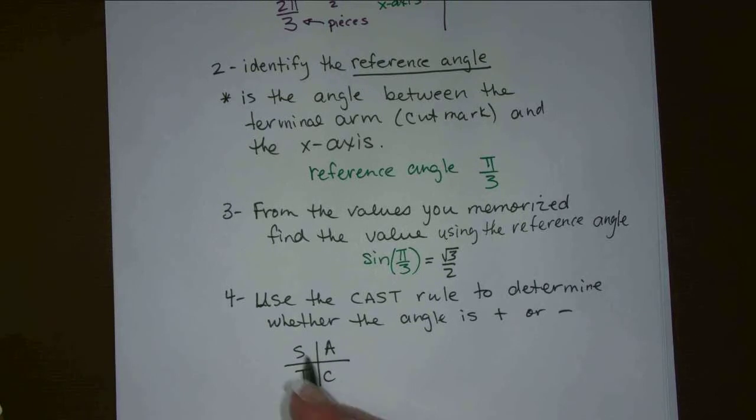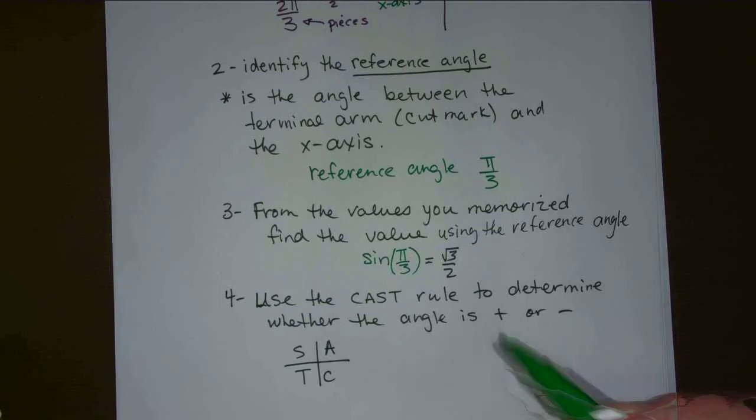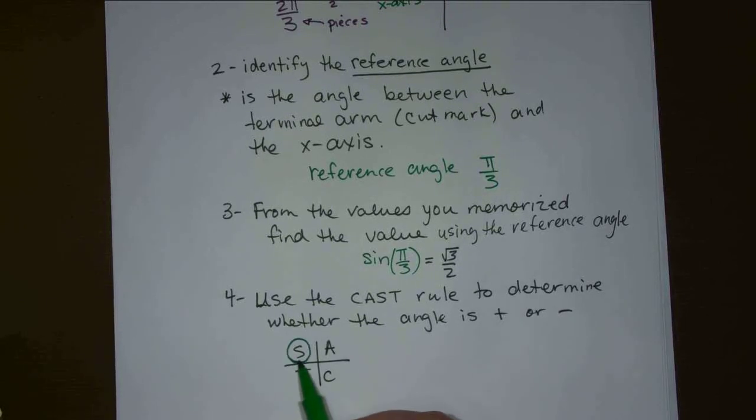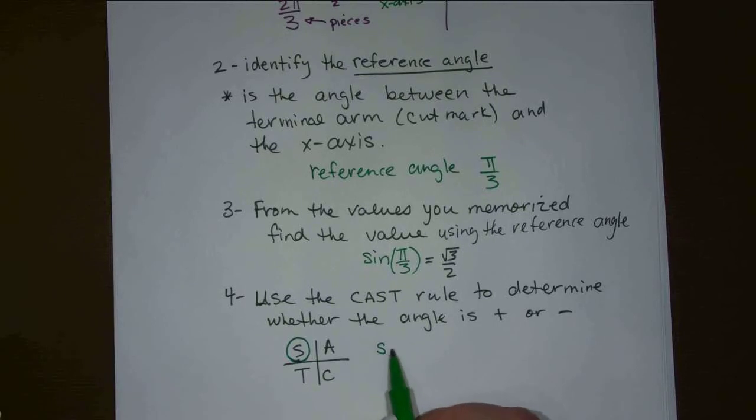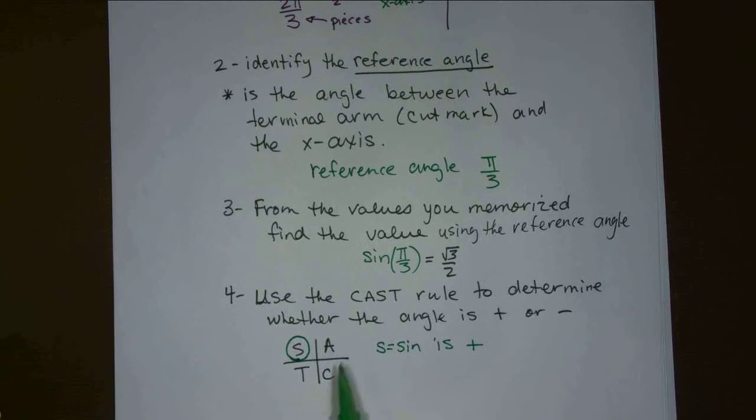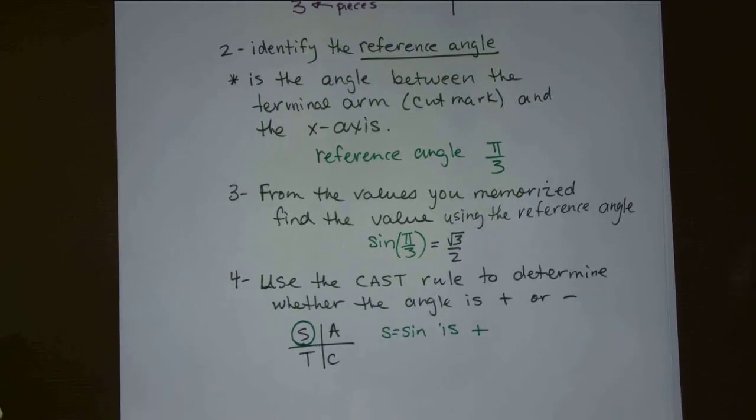Both x and y are positive in A. So which quadrant did it land in? The S. What does S mean? The S means that sine is positive in that quadrant. The A means they're all positive, the T means tan is positive, and the C means cos. So since it landed in the S, it's positive. And that's right, the answer.